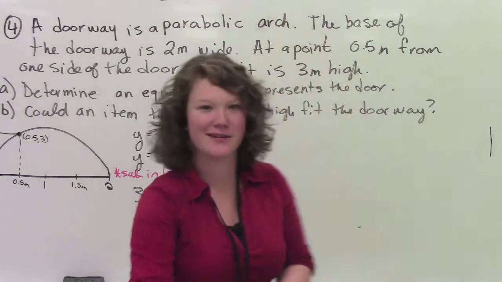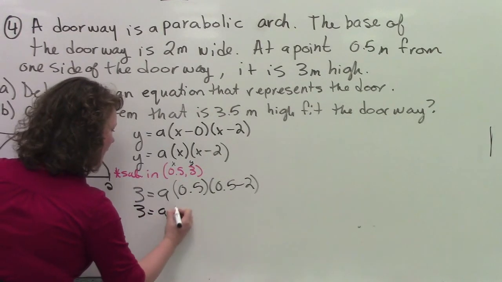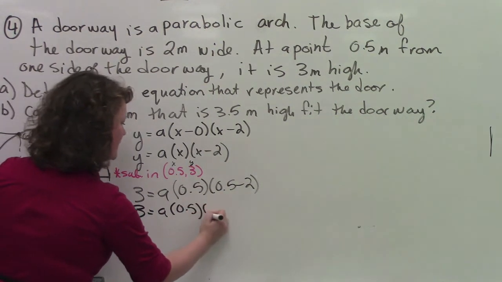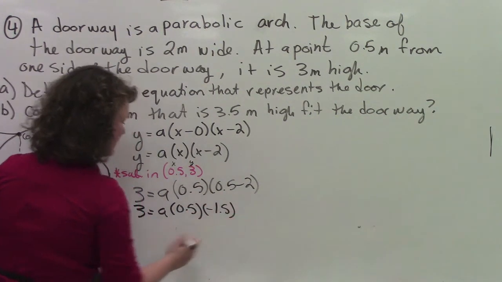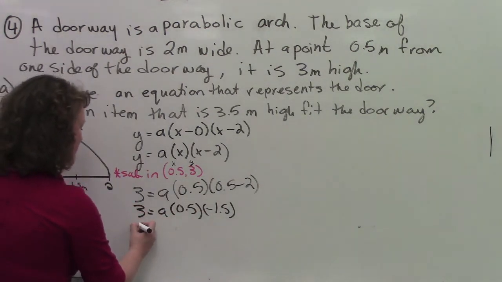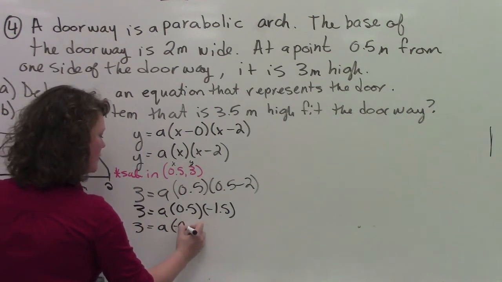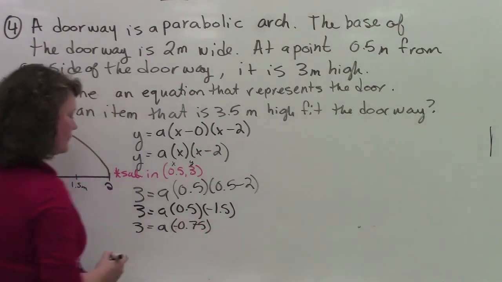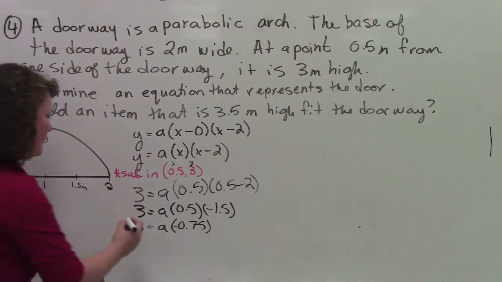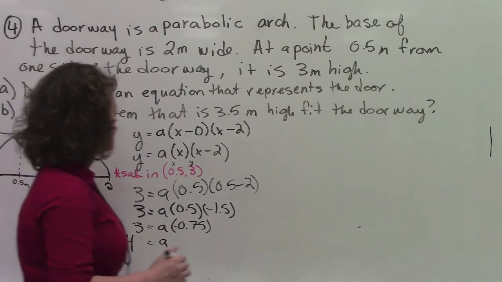So 3 equals a times 0.5 times negative 1.5. 0.5 times negative 1.5 is negative 0.75, so 3 equals a times negative 0.75. I want to divide both sides by negative 0.75, so then my a is actually going to equal negative 4.